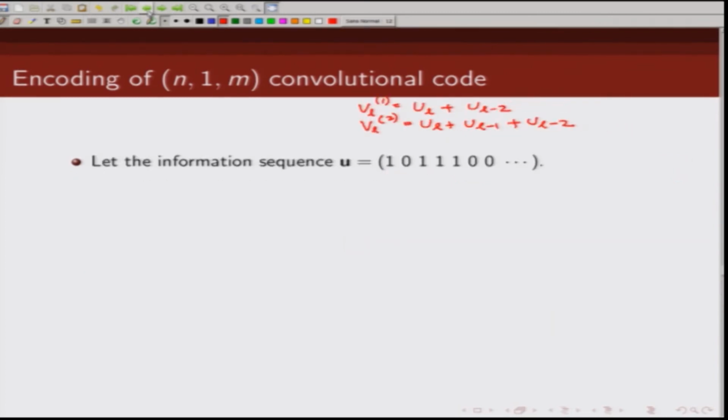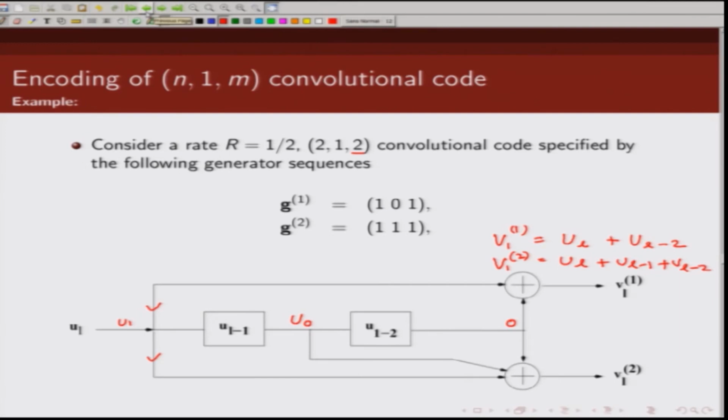Next time instance, what is my output? Again go back. Now, what is going to happen is this U1 will move here, so this will be U1, this will become U2 and this will become U0. So, what is my output now?